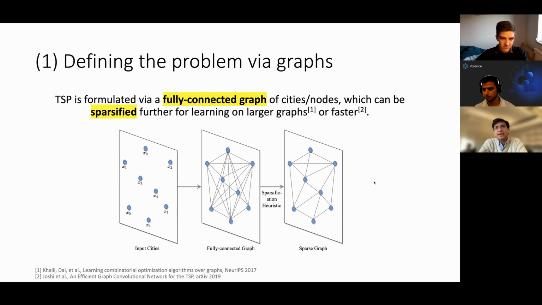And then generally, people have sparsified the graph based on something like k-nearest neighbors or radius ball queries, especially in order to learn on large graphs or to learn faster by reducing some of the complexity by using sparse graphs. So this part is fairly straightforward for most problems.